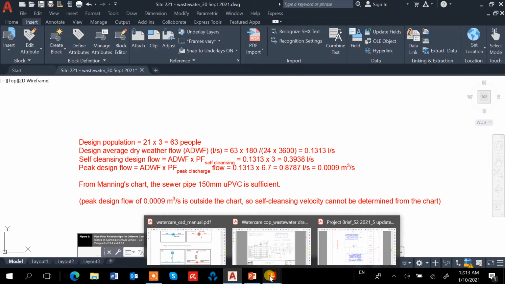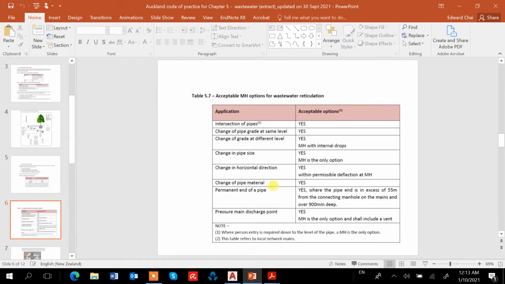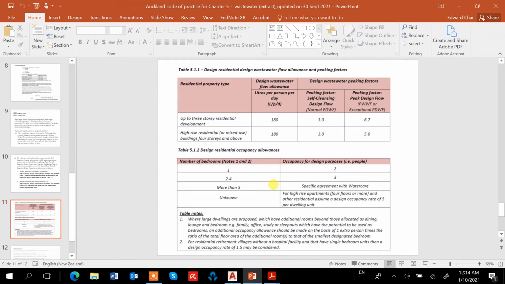Okay, so actually in the Water Corporation design guides, it says that for up to 3-story residential, the design wastewater flow per person per day is 180 liters per person per day.